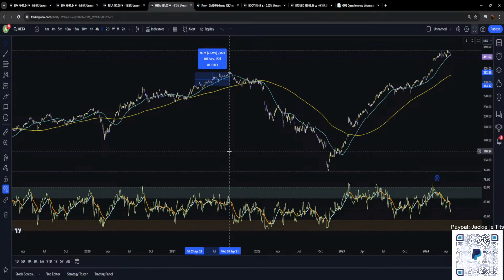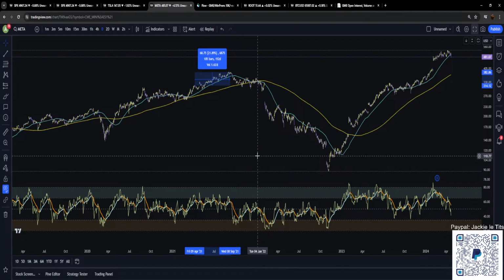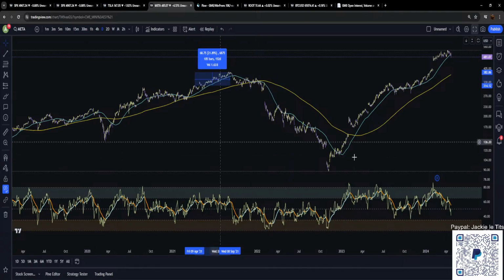So just because it hits what people will call overbought does not inherently imply that the thing is just going to crater or come down or have a big retracement. So this is where these control zones come in handy. We've gone over the control zones.